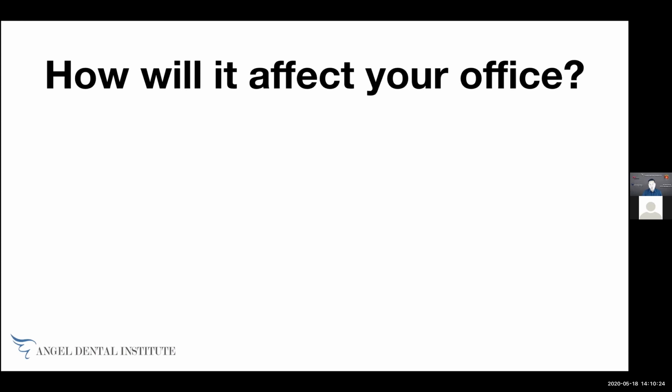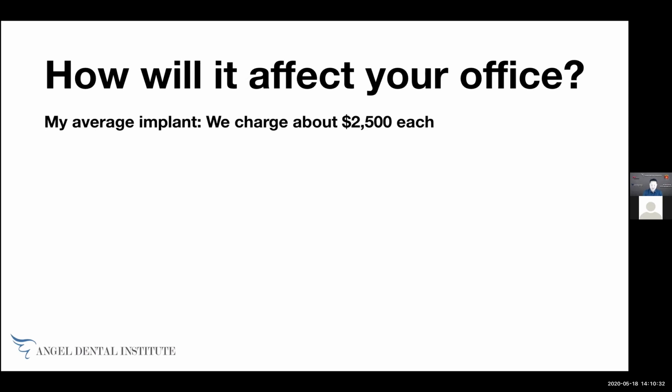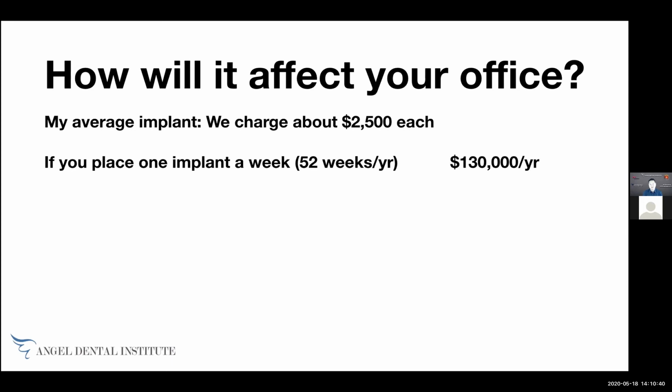How will it affect your office? My average implant, we charge about $2,500 each. So if you place one implant a week and there are 52 weeks in a year, that translates to exactly $130,000 a year. That's just placing one implant a week.